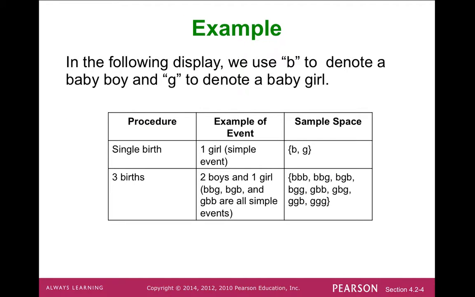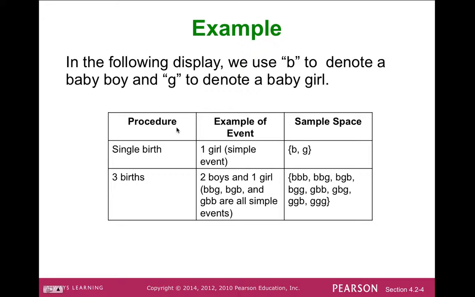So here's an example. In the following display, your textbook uses a small b to denote a baby boy and a small g to denote a baby girl. So what you'll see here is that we have a procedure. And let's look at what that procedure is. In this case, the procedure is a birth, either a single birth or 3 births in a row.